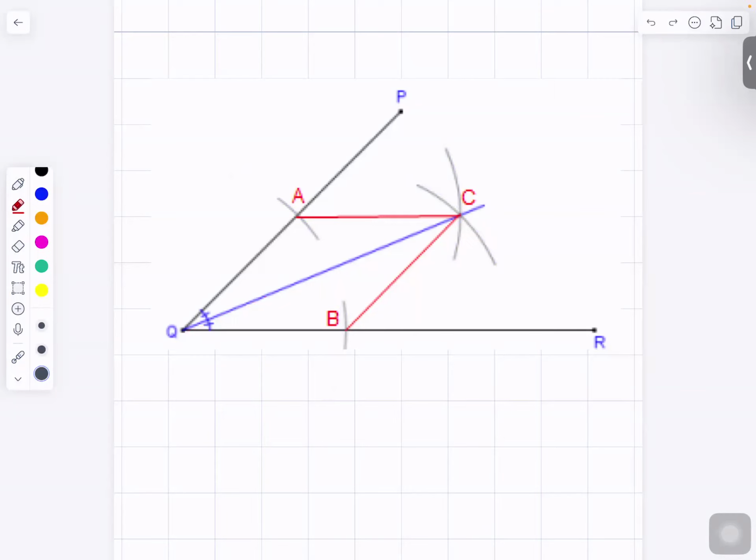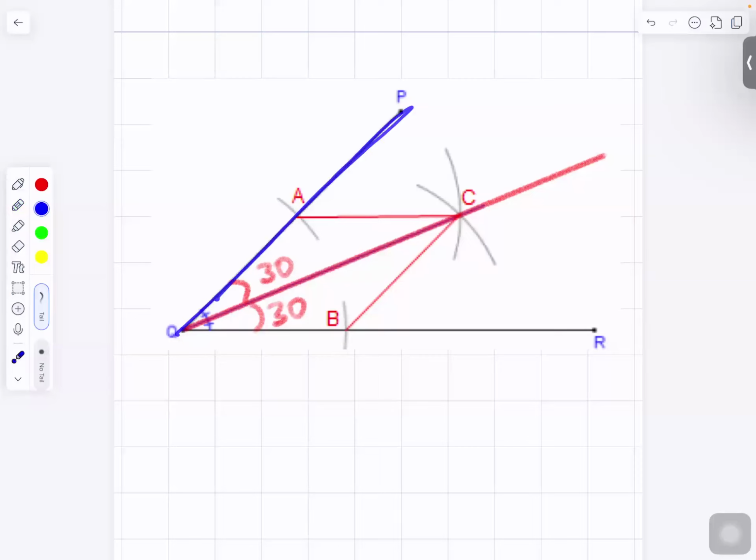You put a straight line across the middle like that. So the top angle could be 30, the bottom angle could be 30. So you've bisected the angle. The angle is an equal distance from QP and QR.